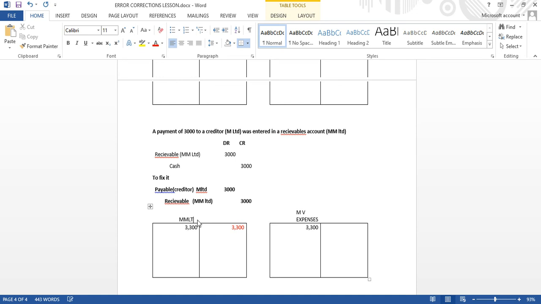M Limited was debited the 3,000, which they were not supposed to have.